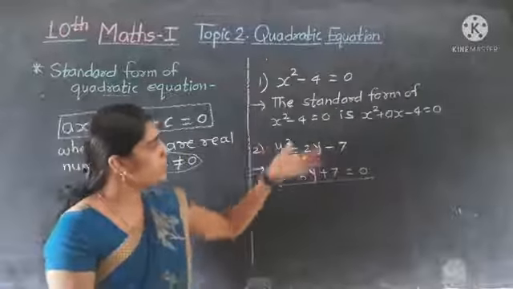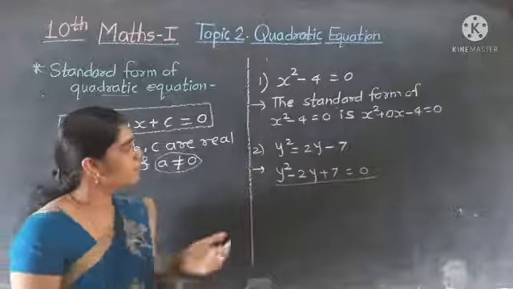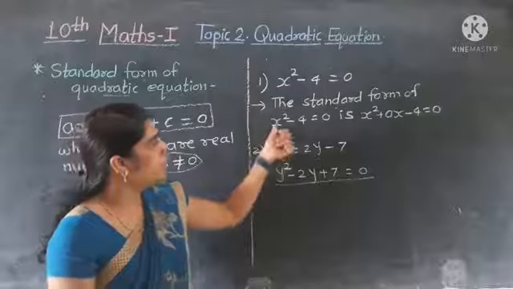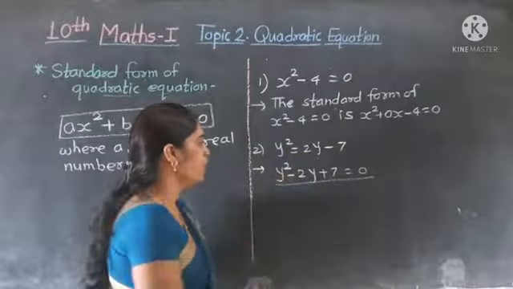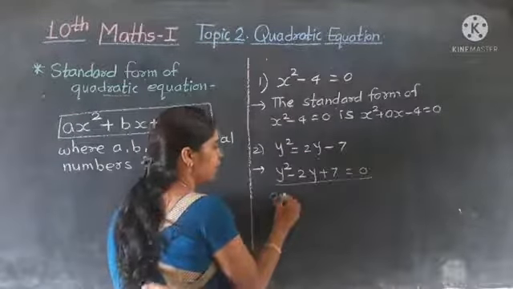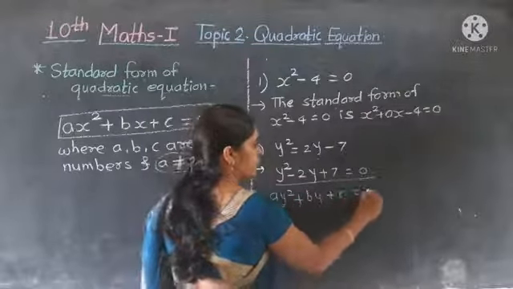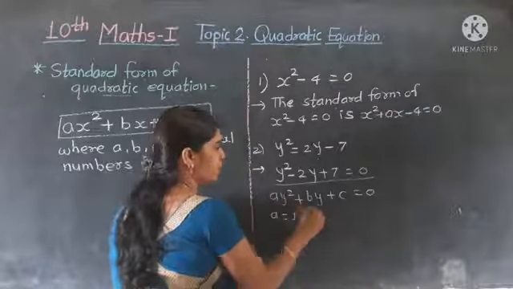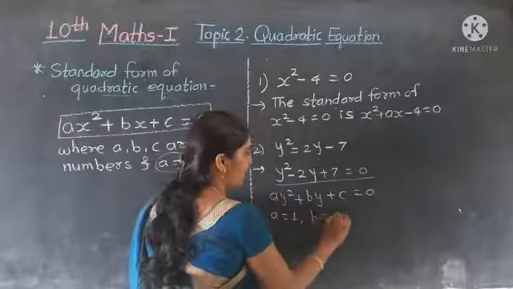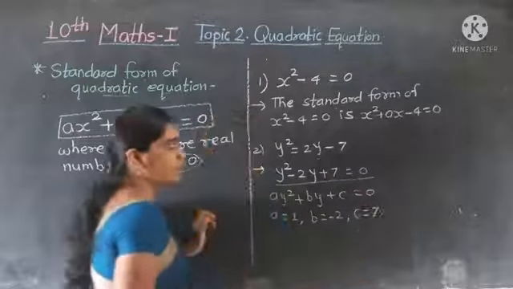Okay. From this you can calculate a, b, c also. See here, what is the value of a? If I compare this with ay square plus by plus c is equal to 0, then we get the value of a as 1, the value of b as minus 2 and the value of c as 7.